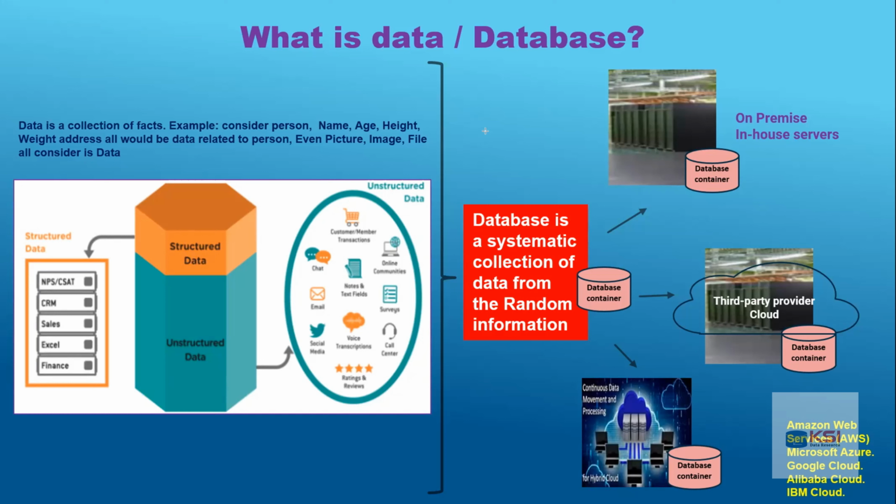So data are 2 types. One is called structured data, and another is unstructured data. Structured data is like table format data. You see the table over here, it is structured data.